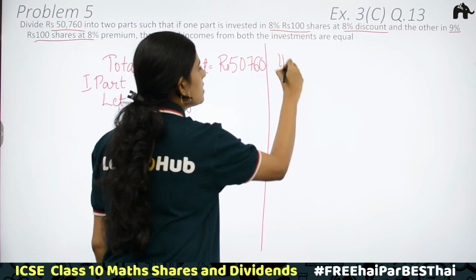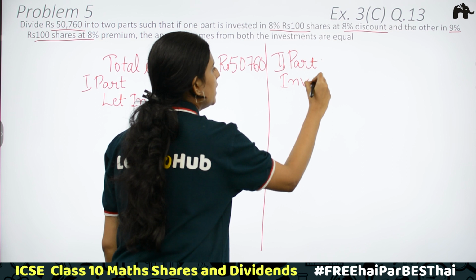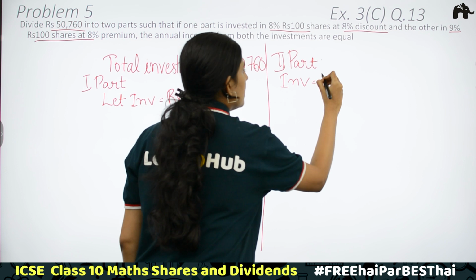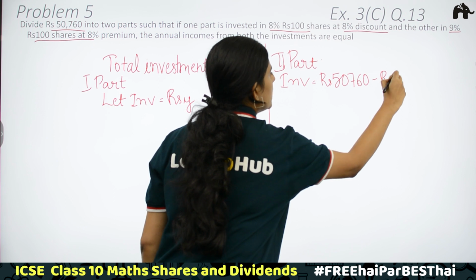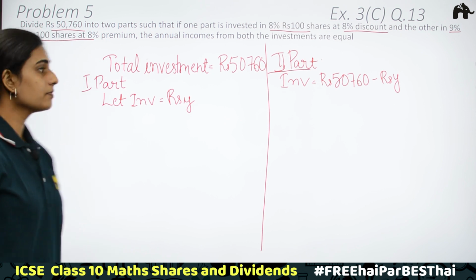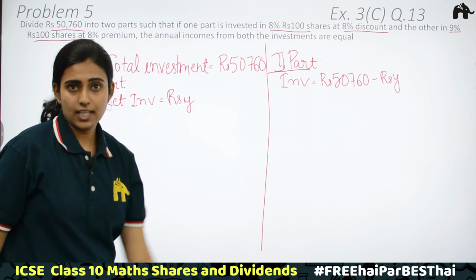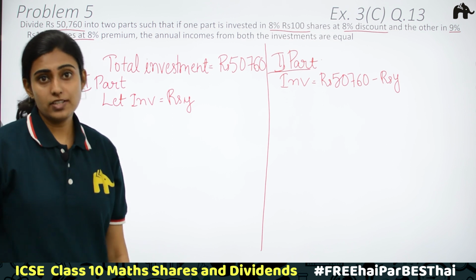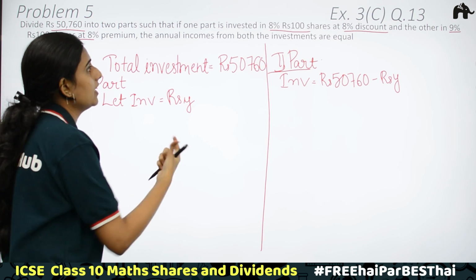Then what is the investment for second part? Second part, investment will be equal to, total investment is rupees 50,760, rupees 50,760 minus rupees Y will be the investment for second part. Okay. To find the dividend in both the cases, we need number of shares, the rate of dividend and nominal value of one share. Let's see what are the given quantities.